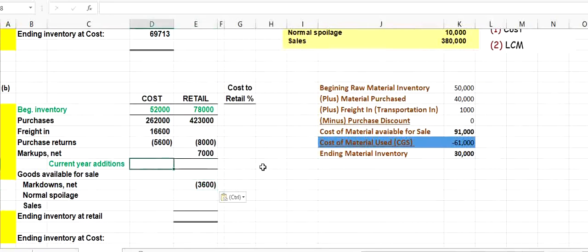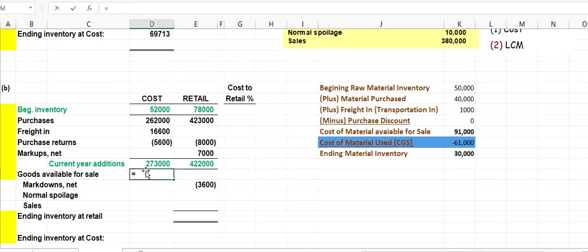So let's solve it. 2,62,000 plus 16,600 minus 5,600. It will give me $2,73,000, inventory at cost. And 4,23,000 minus 8,000 plus 7,000. This will give me $4,22,000, inventory at retail for the current year.